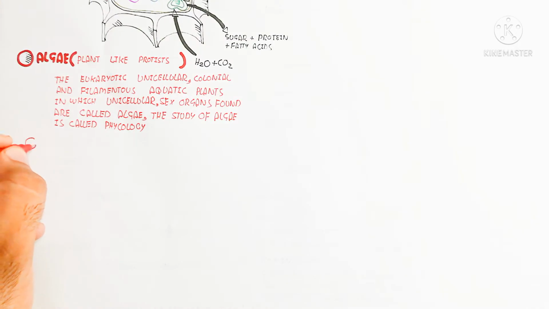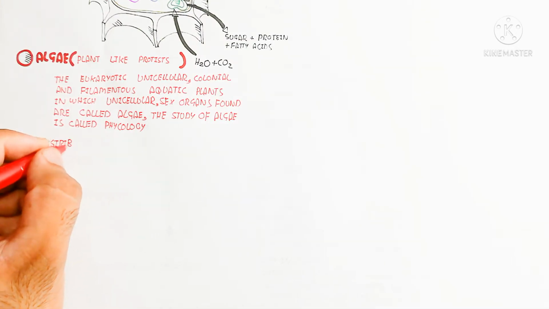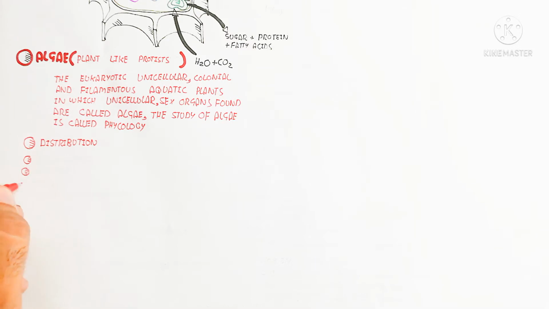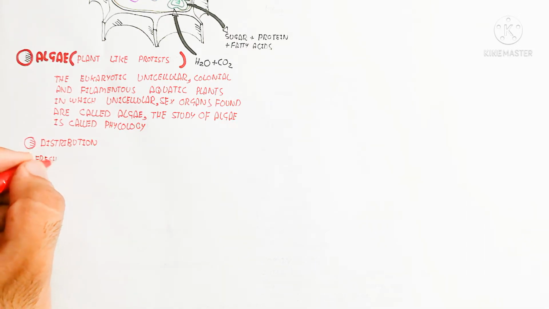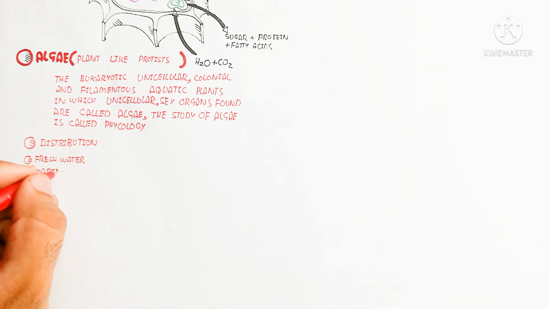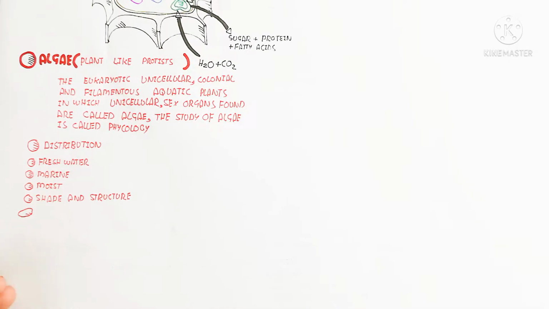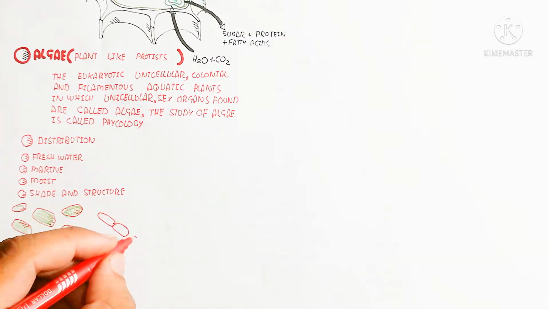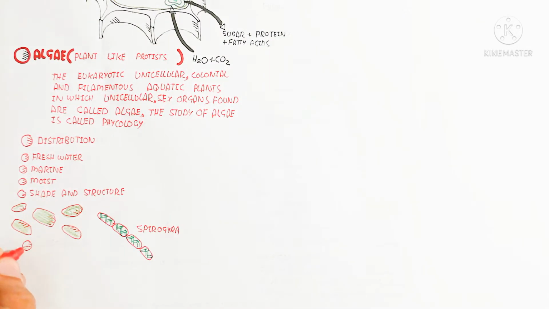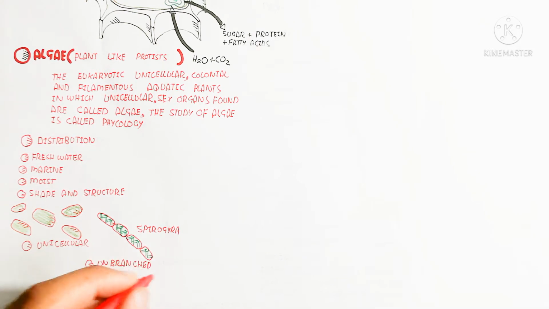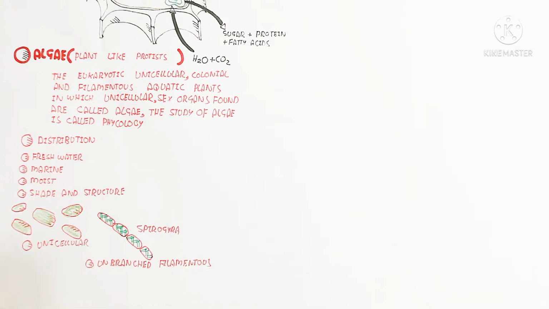So the distribution we will discuss. According to the distribution, it is present in freshwater, marine, moist places, and other watery areas. So the shape and structure, if we talk about that, is basically unicellular, for example unicellular Chlamydomonas.